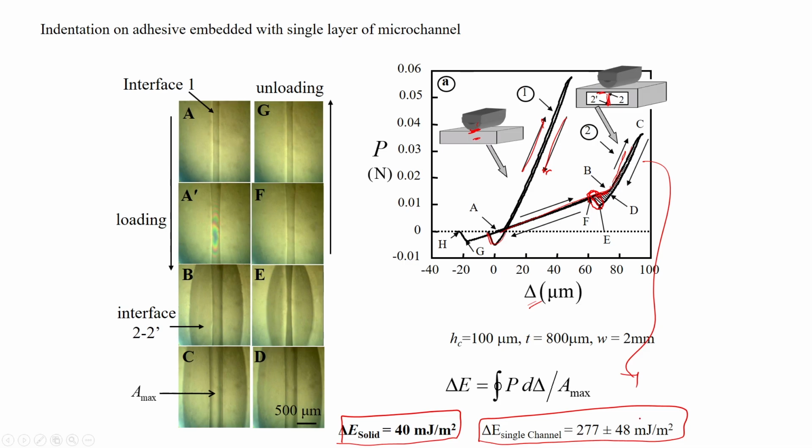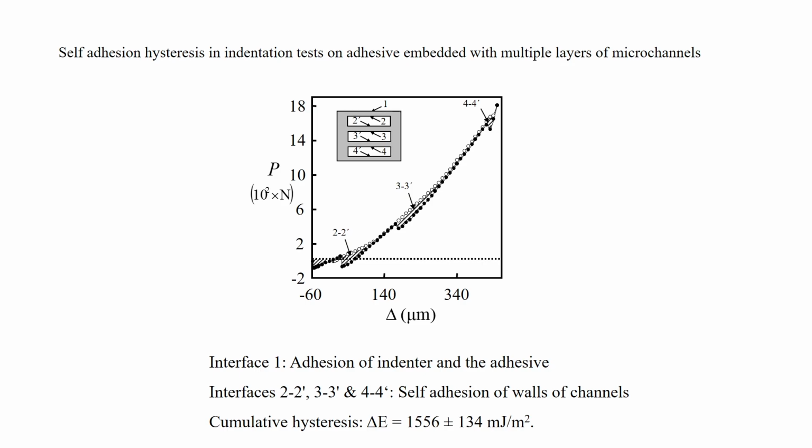This effect can be made use of not only for a single layer of channel, but for multiple layers of channels, and in each case there is this negative modulus that I am talking about.